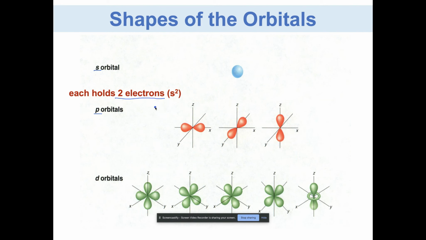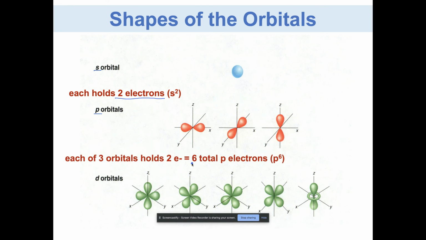Again, this has to do with all of the math that was done, and experiments have shown this to be correct, at least as the current model. Once an S orbital has 2 electrons residing within it, again, probability-wise, somewhere in that sphere, then you'd have to move on to a different orbital.